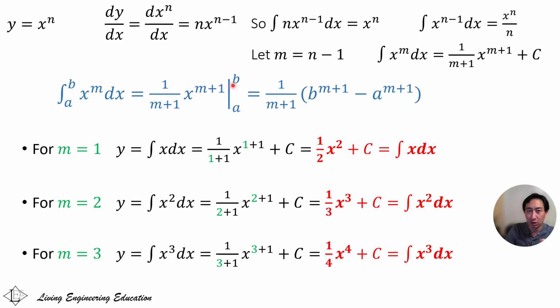You plug in the upper limit first, and then you subtract plugging in the lower limit. So I can pull out the constant 1 over n plus 1 times the quantity of x to the power n plus 1 with the upper limit b and lower limit a. So then plug in upper limit b to the power n plus 1 minus the lower limit a to the power n plus 1, right? And this is all we need to do.